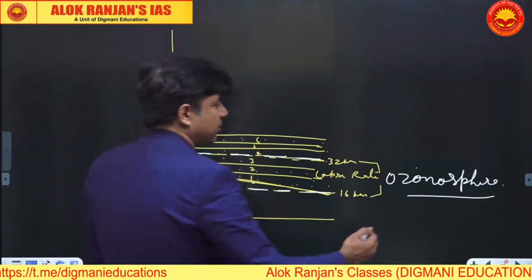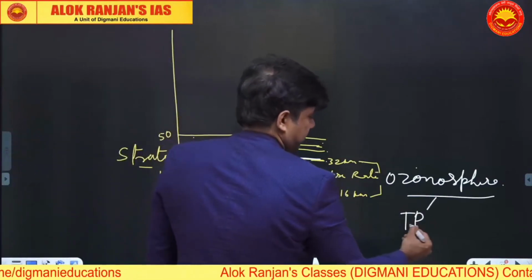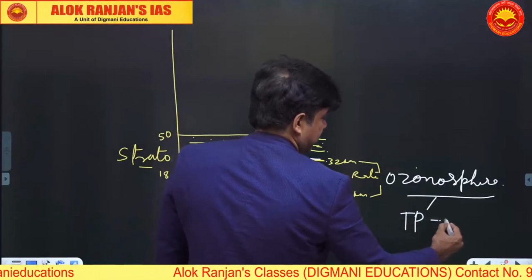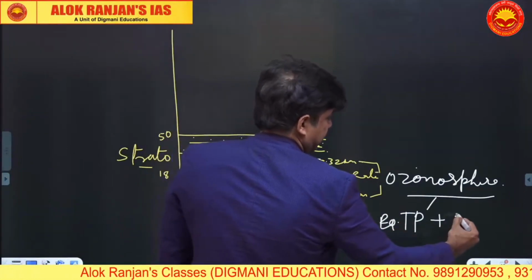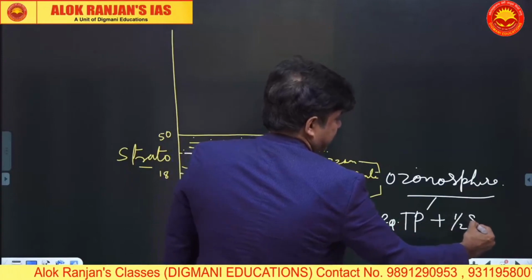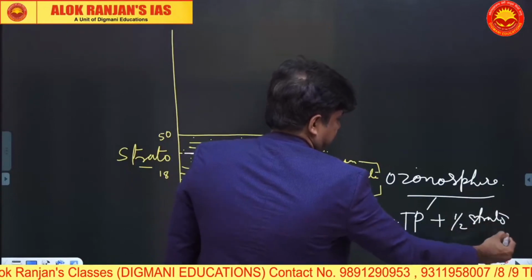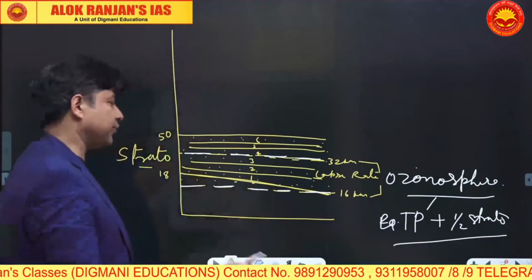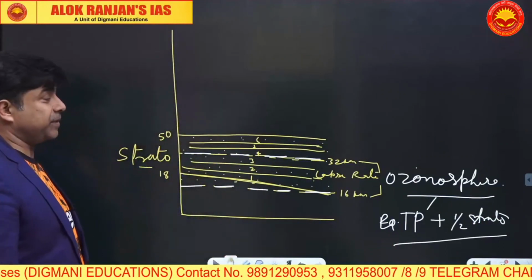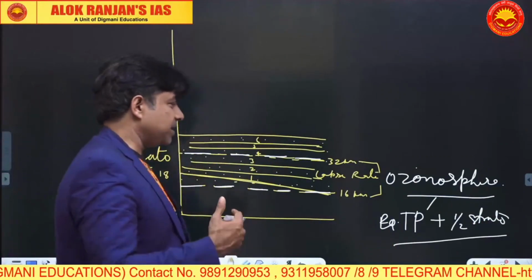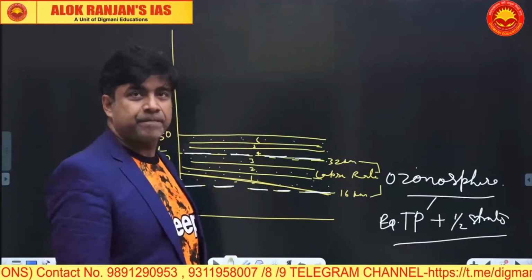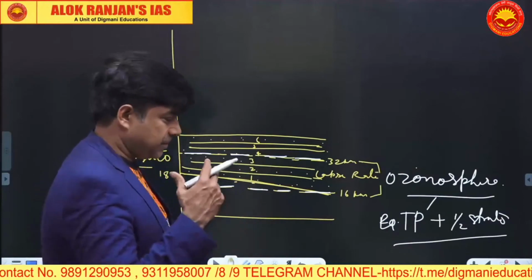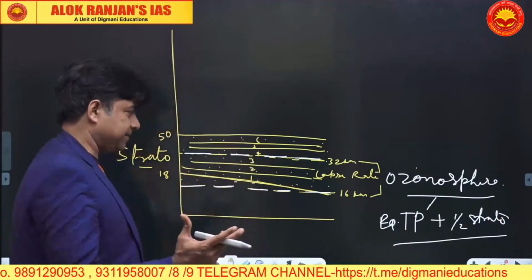So the ozonosphere is the equatorial tropopause plus half the stratosphere. The ozonosphere must not be mistaken as synonymous with the stratosphere. I hope you are amply clear.